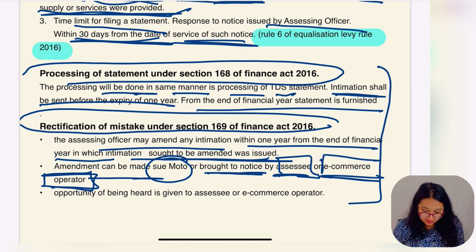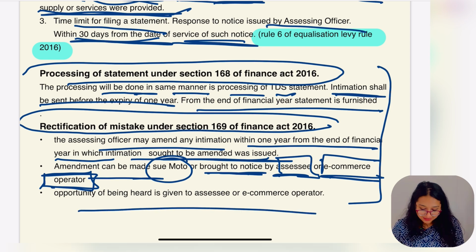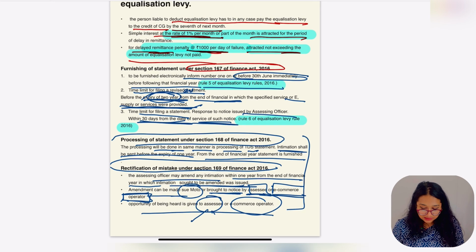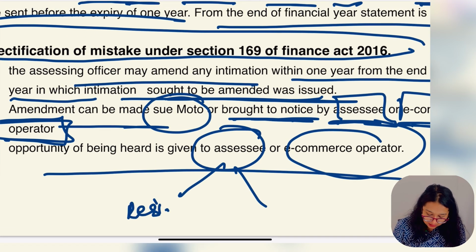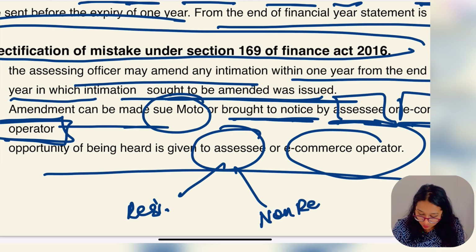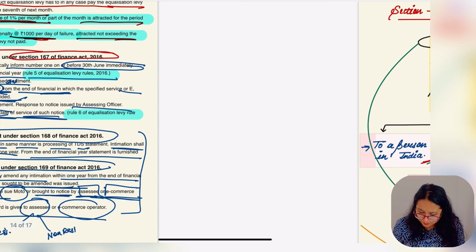Now we know about this term; earlier we didn't know about that. There was also one more point of equalization levy. Opportunity of being heard is given to both of the parties. Is this clear? SEC was, in the very first case, the resident of India who is doing business or profession, or the non-resident who is having a PE in India.